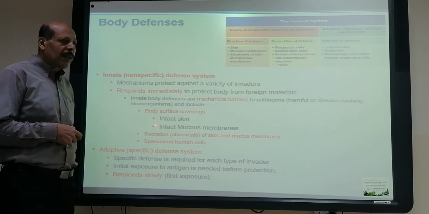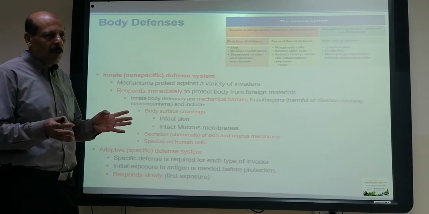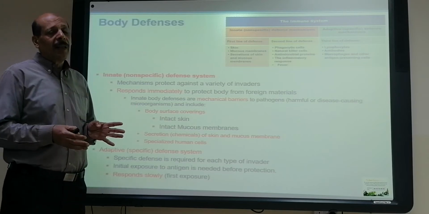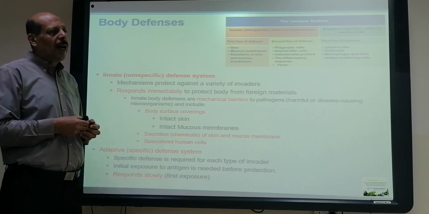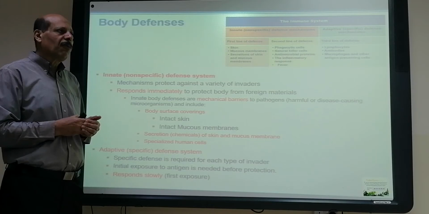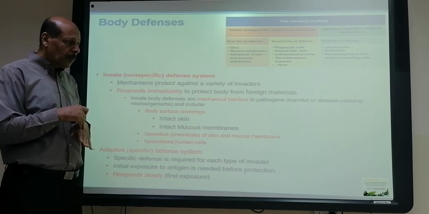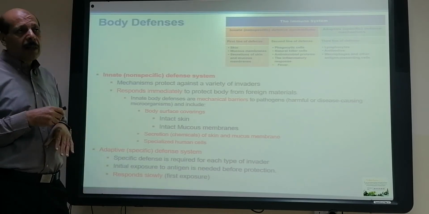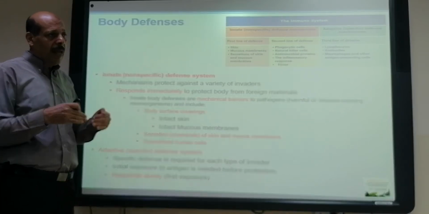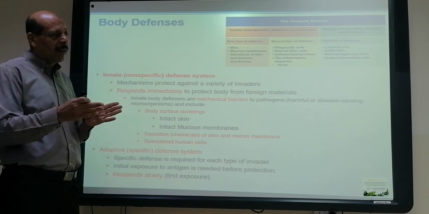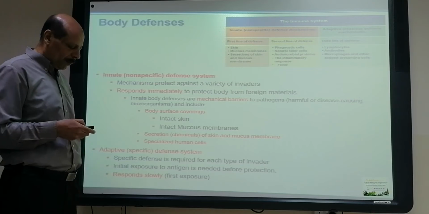So when the skin is intact, it will act as a wall. Also, when the mucous membrane is intact, it will act as a wall that prevents the passage of any harmful substances from the outside environment to our body tissues. So it acts as a wall that separates the internal environment of our body from the external environment.